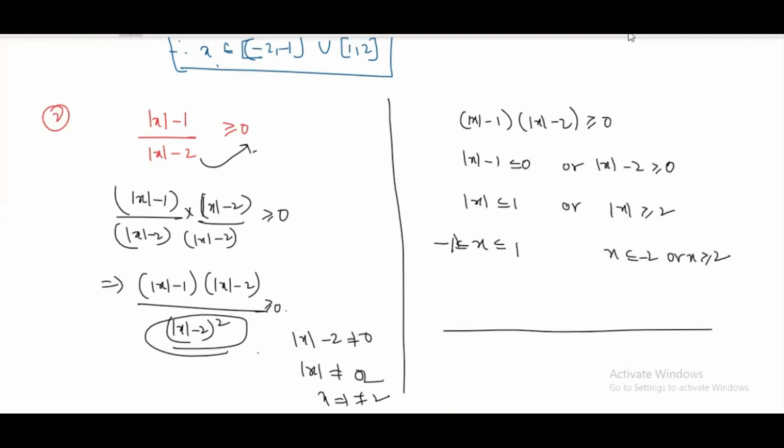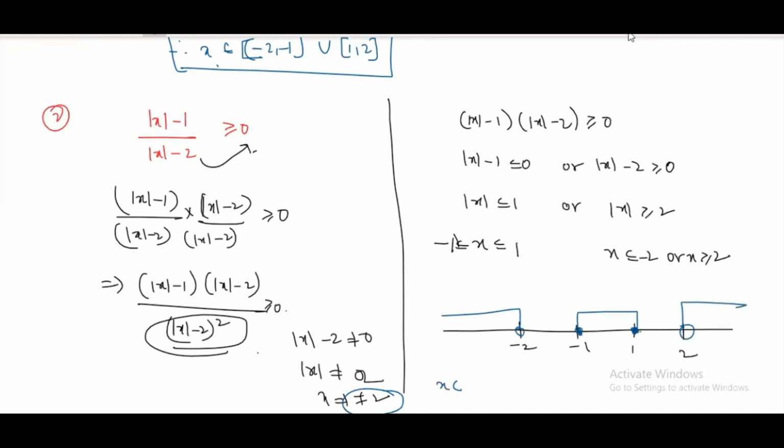If you draw the number line, here minus 2, minus 1, 1, 2. x lies between minus 1 and 1. Here both are closed intervals, so we have to mark them with full circles. And x is less than or equal to minus 2, with an open circle because x should not be equal to plus or minus 2, and x greater than or equal to 2.